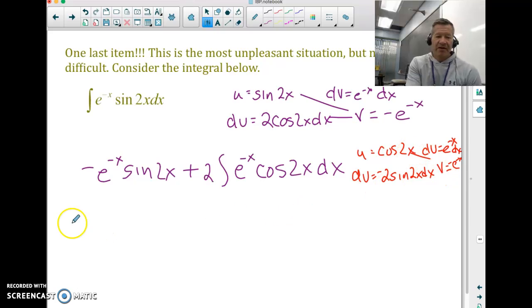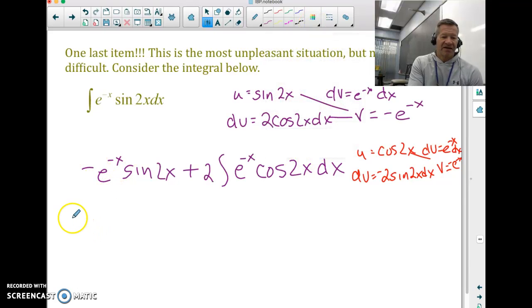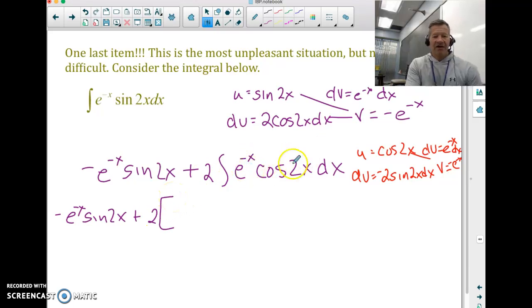So multiplying. Now, remember, I've already got this first term, negative e to the negative x sine 2x, plus 2 times. Now, I did integration by parts with this, so uv, negative e to the negative x cosine 2x, minus the integral of v du.